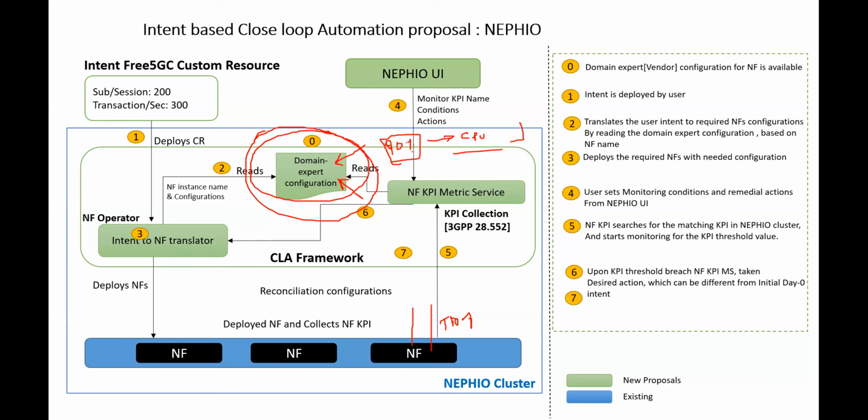For example, if 90% of the throughput has to be achieved with 10 instances of a particular AMF with such configurations, and that will be deployed, then we can observe based on the actual KPI exposed by the NF. Or what you were saying initially, that if my CPU is down, I assume it will be down in my throughput, and that kind of scenario. So that is one of the thought processes.